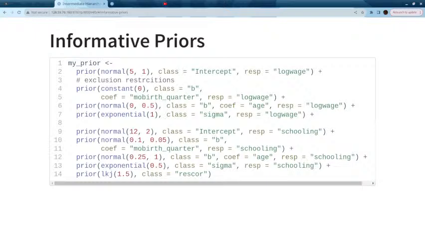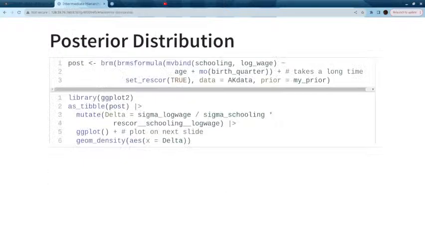So I did 0.01 with a standard deviation of 0.05 because I didn't think it would be that big. And then regular priors on the intercepts of these 2 things. So 12 years would be kind of normal for schooling. And then the sigmas. And then I did LKJ 1.5 on the error correlation of those 2 things, so weakly informative toward 0.